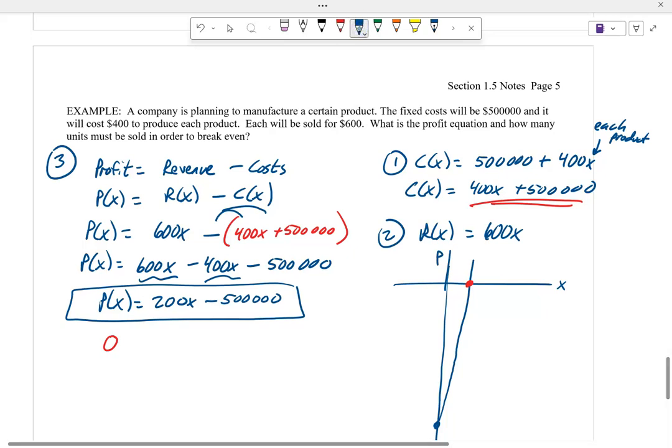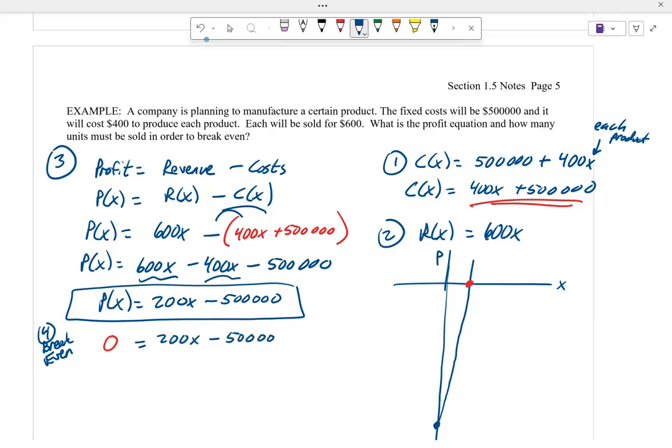So make P of x break even. Oops. Break even, my profit has to be 0. This is my break even point. How many do I have to sell to break even? Let's add 500,000 to both sides. And then let's divide by the 200.